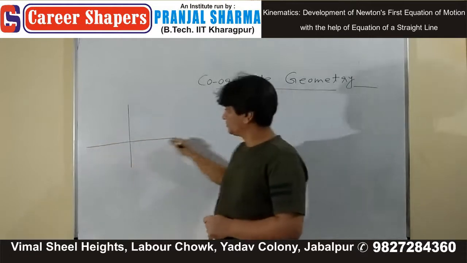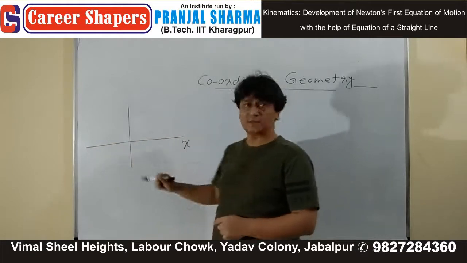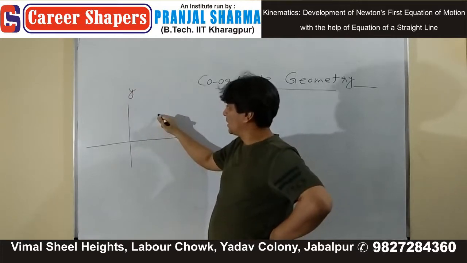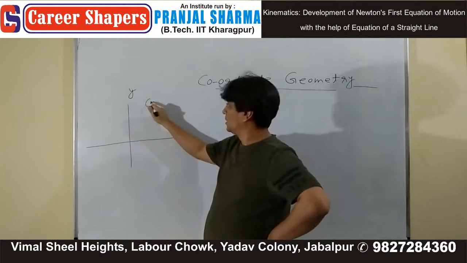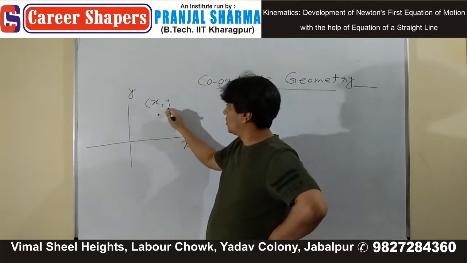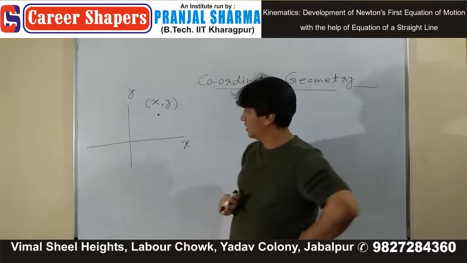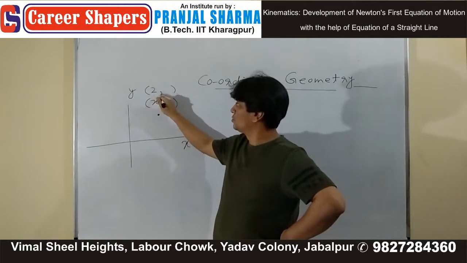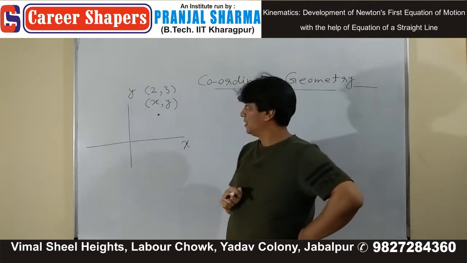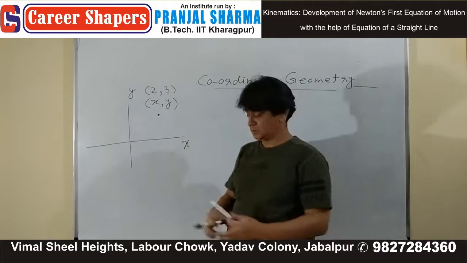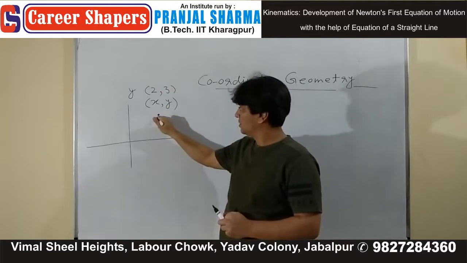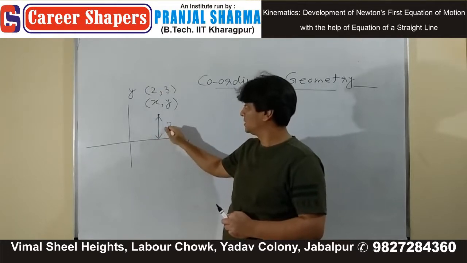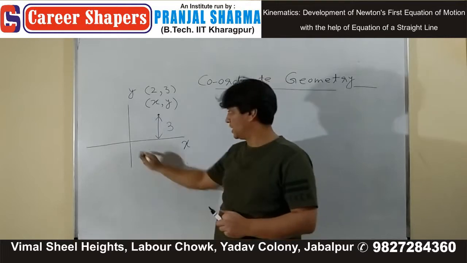everybody knows these things. This is the x-axis, this is the y-axis. If you take a point, its coordinates are x comma y. X comma y means, for example, 2 comma 3, and this 2 comma 3 means this height is 3, it represents the y coordinate.